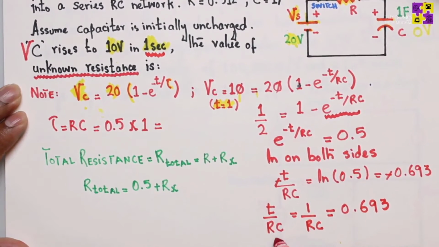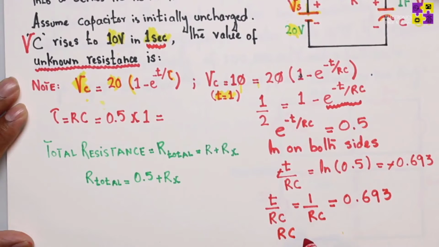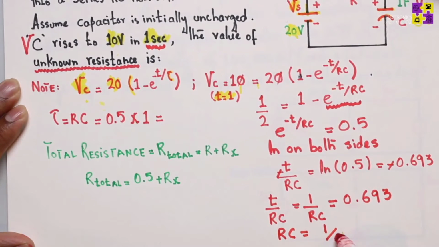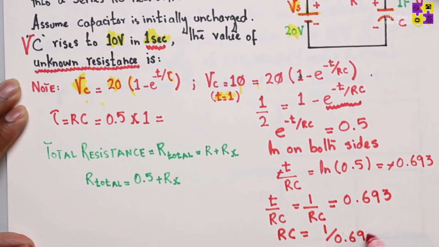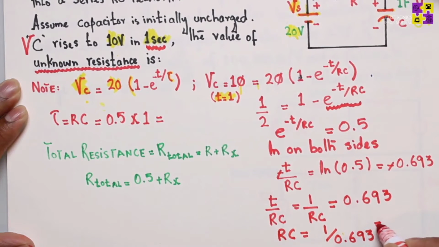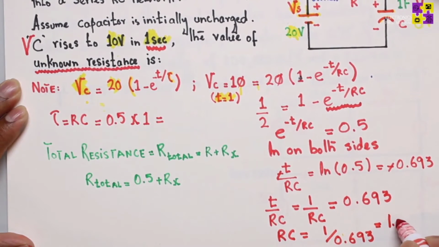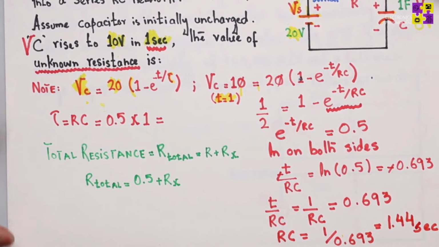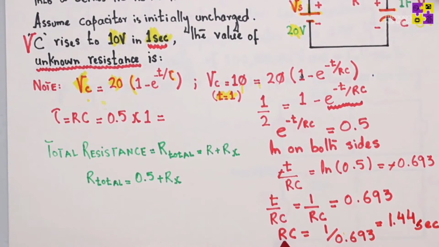If I rearrange this equation such that RC equals 1 over 0.693, that is equivalent to 1.44 seconds, right? Now in this equation, RC equals 1.44 seconds.